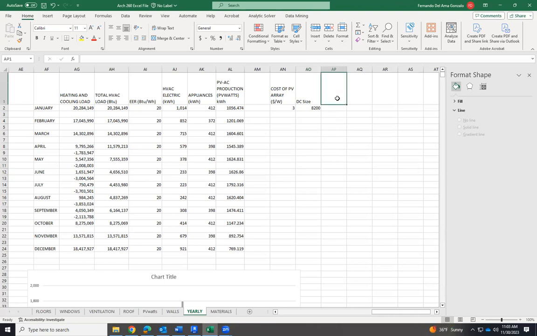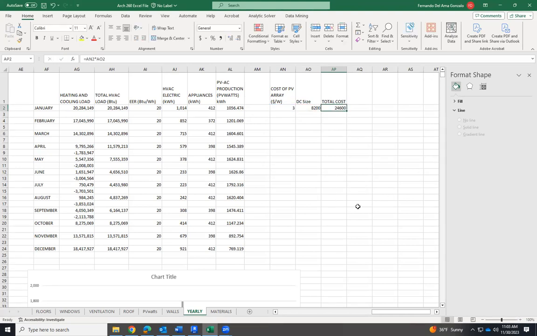So what is the total cost? Total cost is $3 per watt times these watts.